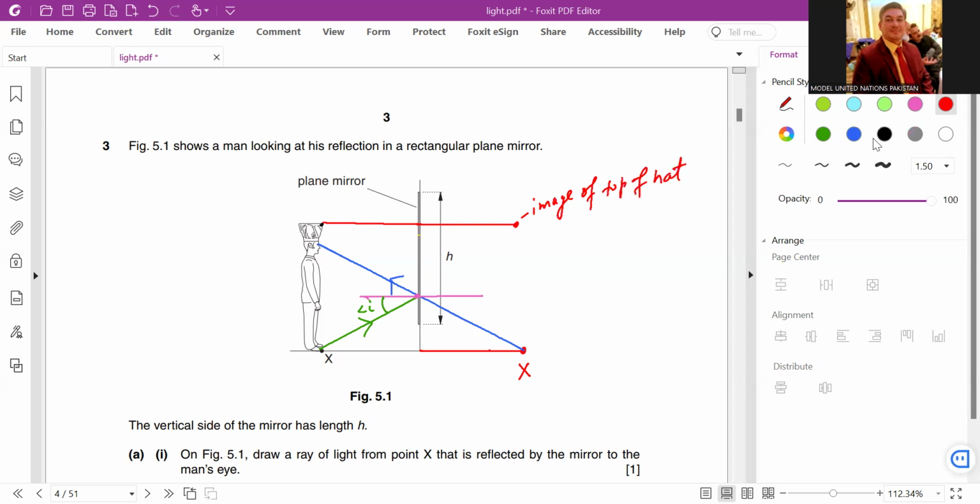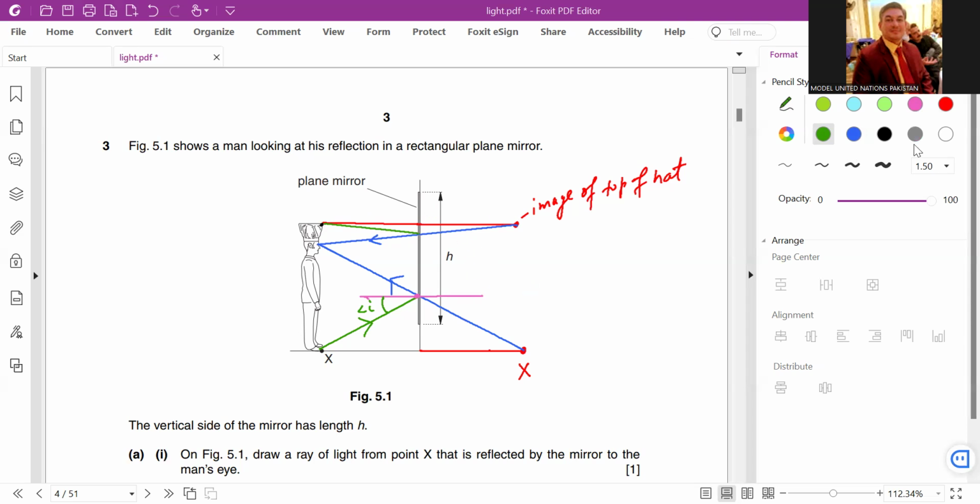Now the second step is that the reflected rays appear to come from the image. So we draw the reflected ray that enters his eye. Then we draw the incident ray from the top of the head, which meets the reflected ray at the mirror.